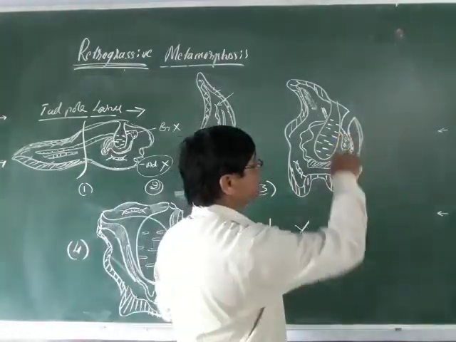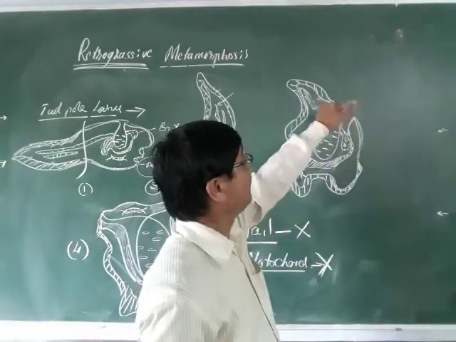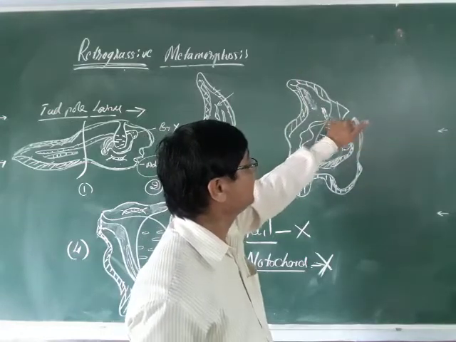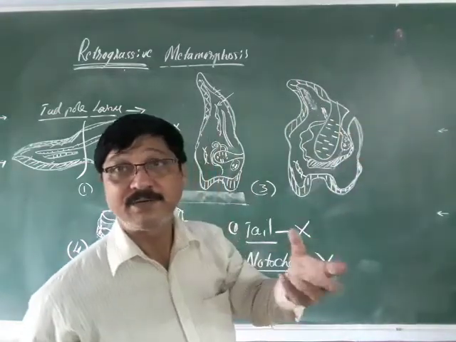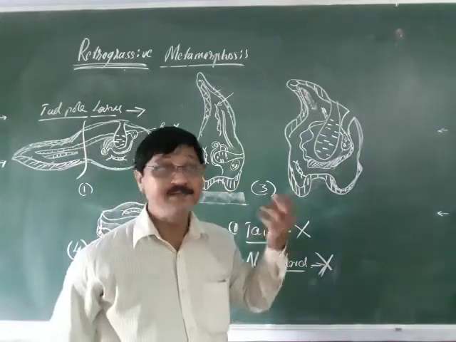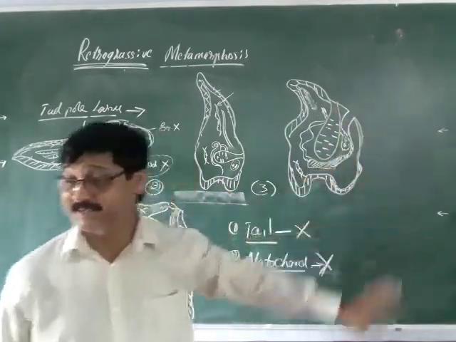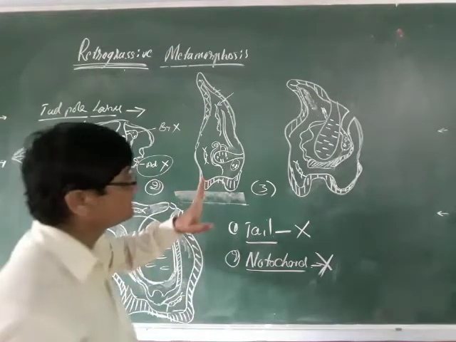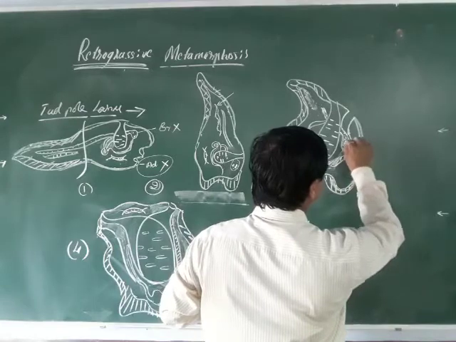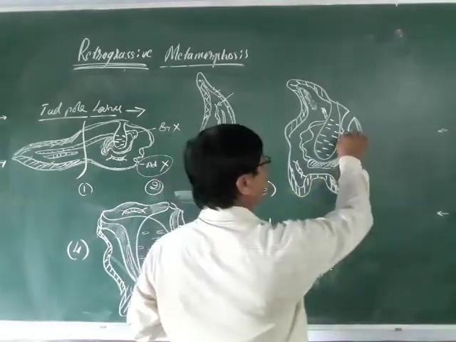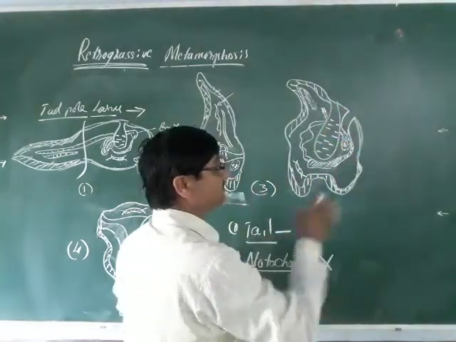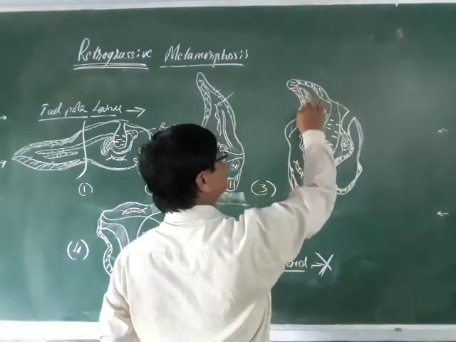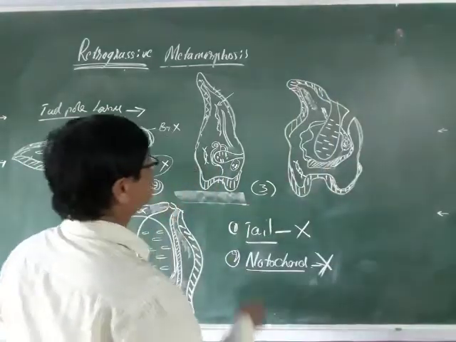Simultaneously, when the notochord has degenerated, the nerve cord starts to be absorbed, and it disappears and disintegrates. The nerve cord disintegrates and disappears, and the brain also disintegrates. Then there are some muscles in the tail region.